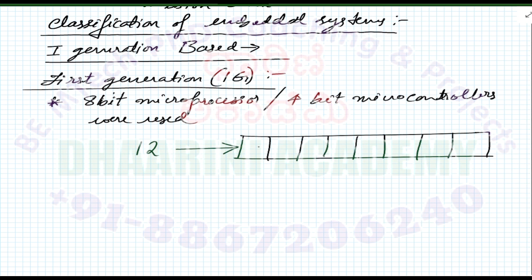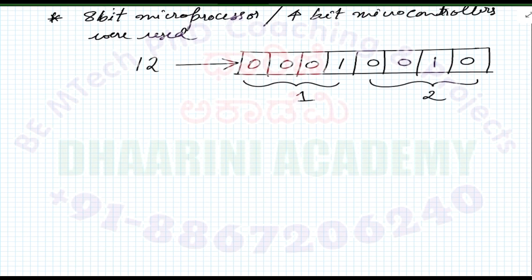So the 12 can be converted into 0001 and 0010. This corresponds to the 1, this corresponds to the 2. So you are using 8 bits for representation of any data that is given as input or output. So the processor is capable of handling 8 bits of data at a time. Another version is the 4-bit microcontroller. You can give 4 bits of data at a time. Either of them were used.